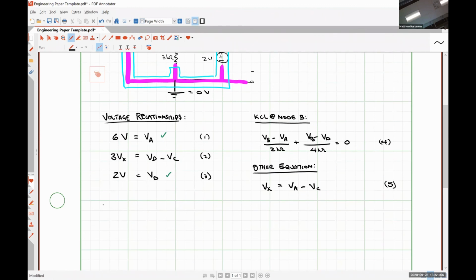We could say that VB minus 6 volts divided by 2 kilo ohms plus VB minus 2 volts divided by 4 kilo ohms is equal to 0, which is one equation and one unknown. So could one of you please solve this for VB?